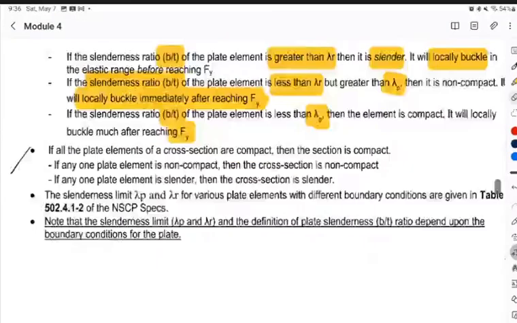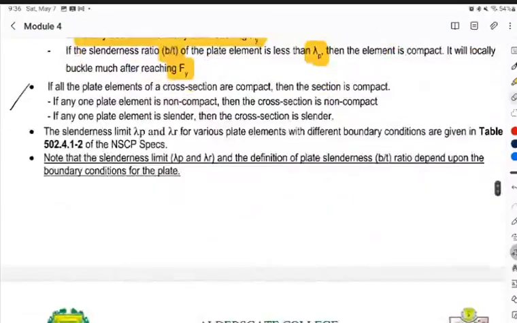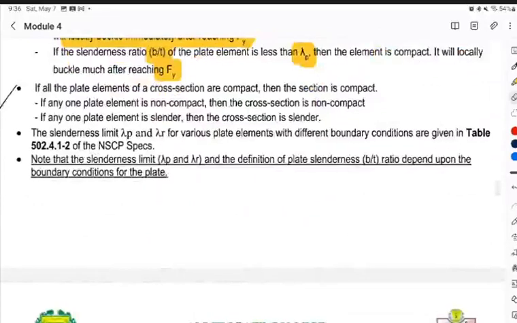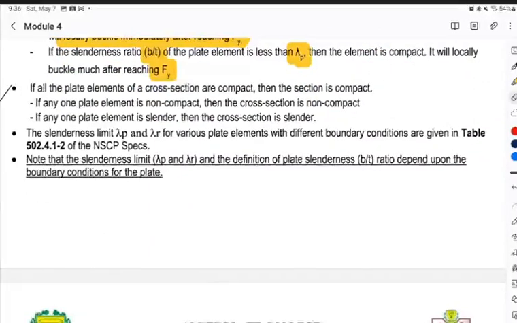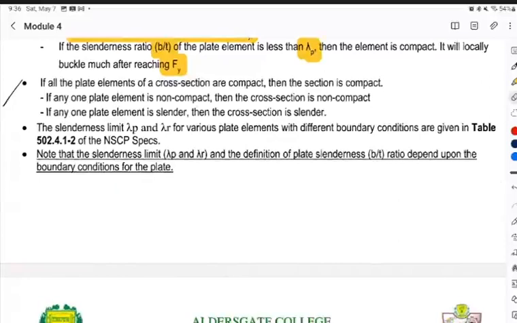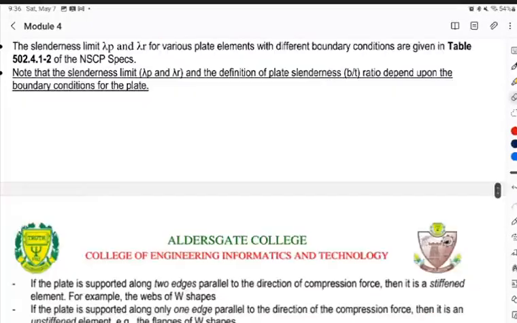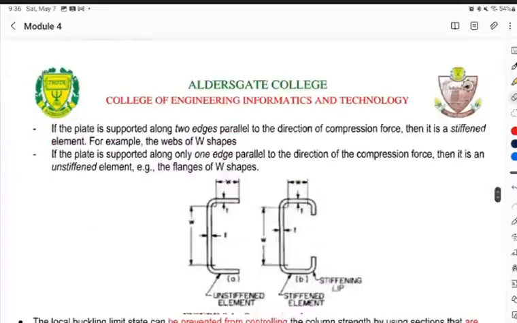Right. Now the slenderness limits lambda p and lambda r for various elements with different boundary conditions are given in the tables. Okay, yung dalawa lang. Denote that the slenderness limits lambda p and lambda r and the definition for plate slenderness b over t ratio depend upon the boundary conditions for the plate. Ano yung boundary condition?